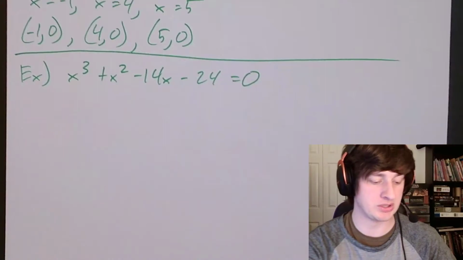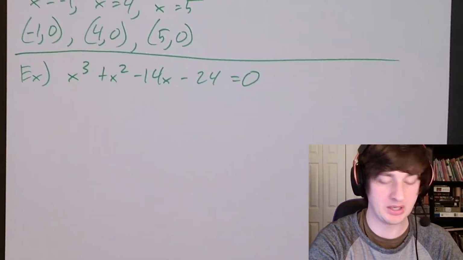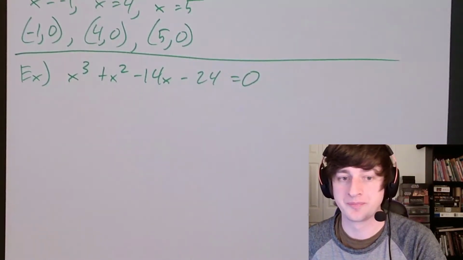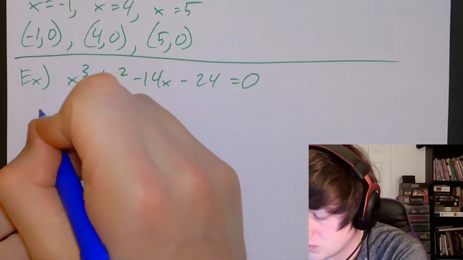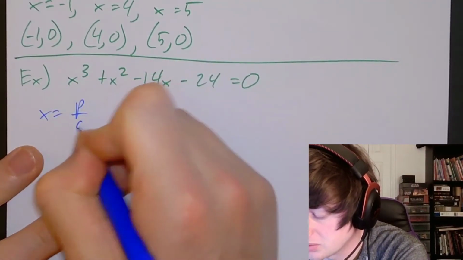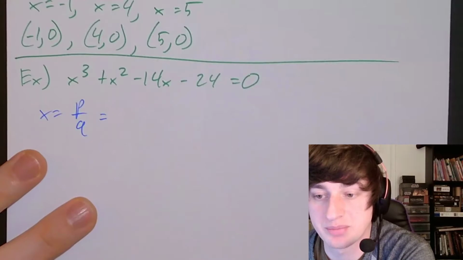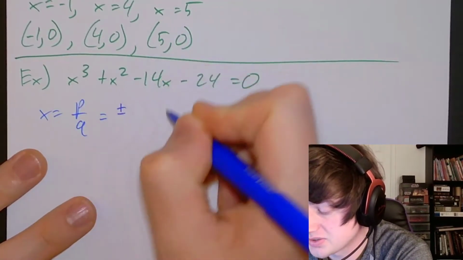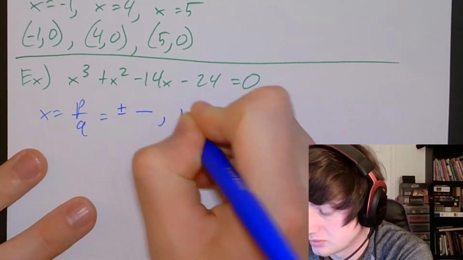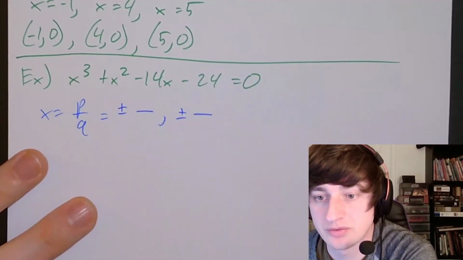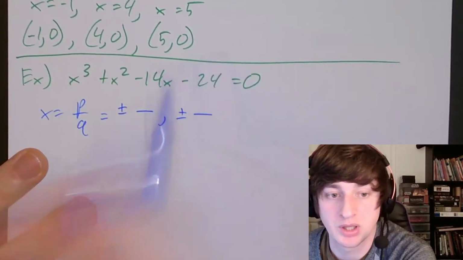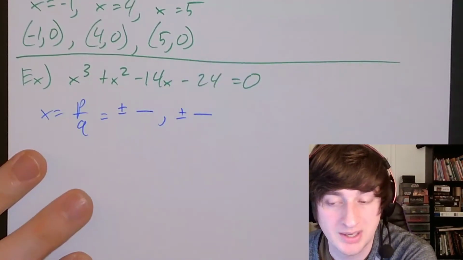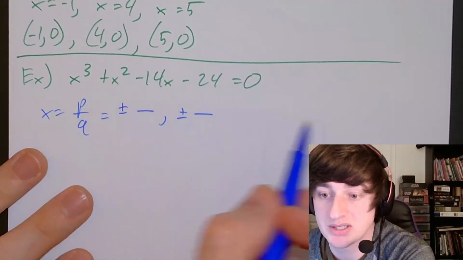Okay, so I want you to list out P and Q. So x is going to be some of these numbers, and I want you to list them out. You're going to get plus or minus some fractions, and probably quite a few because 24 can be multiplied a lot of ways. I think it's easiest if you go smallest to biggest.